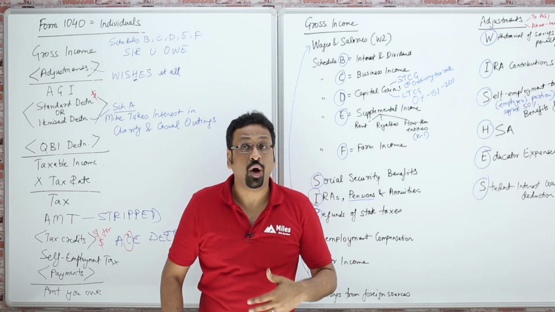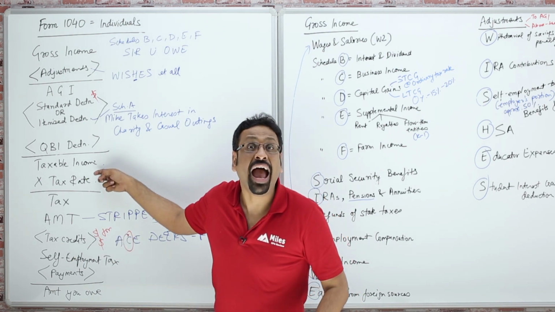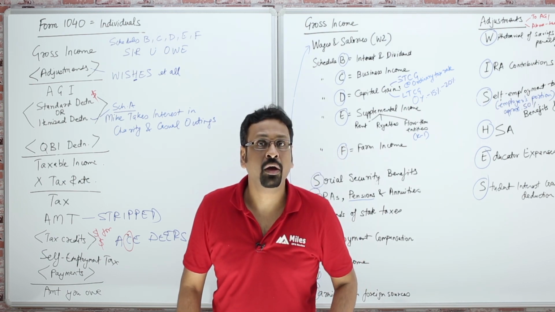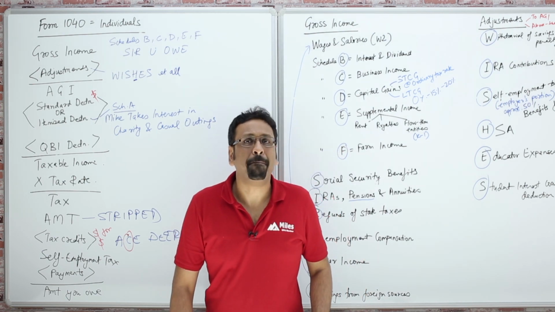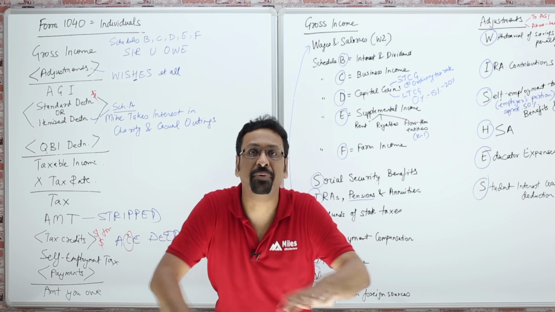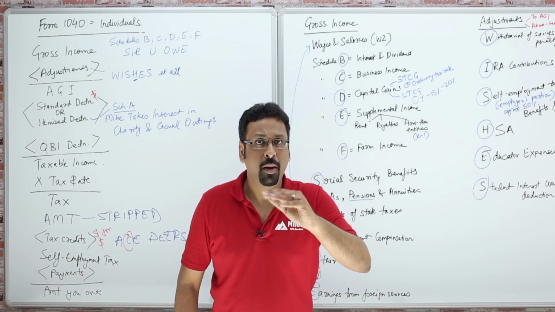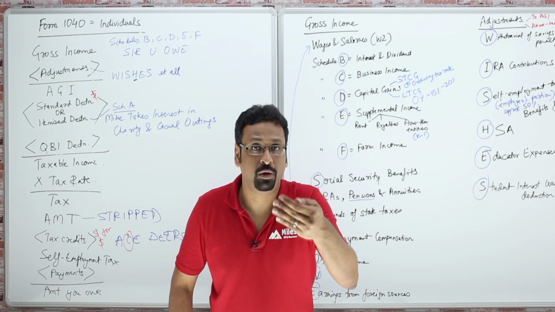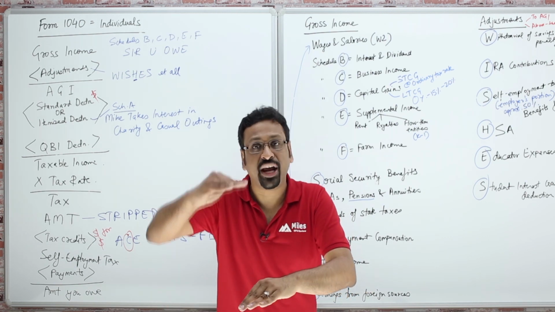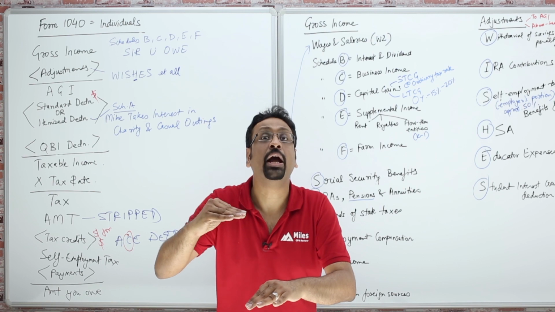Now, based on your taxable income level and your filing status, you first start paying taxes at 10% tax rate. If you've earned beyond a particular threshold, up to the next threshold, your tax rate will be 12%.